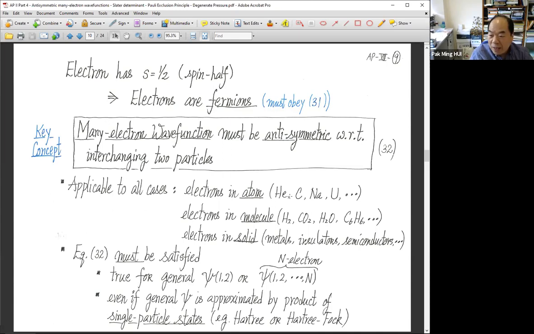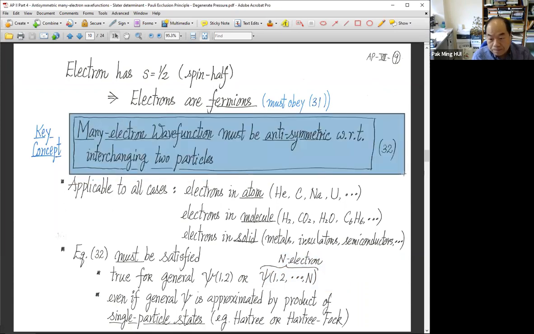So we discussed the whole thing using two particles. That can be generalized to n fermions or n electrons. You just take any two of them, say number 2 and number 8, the entries, the two values, switch them, and it must be off by a sign. That is the requirement. So far, it is a general description.